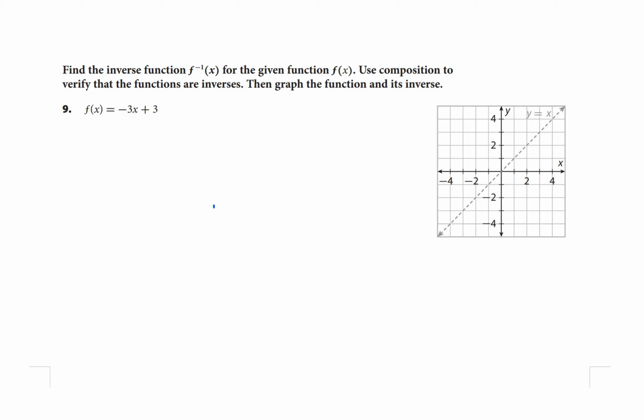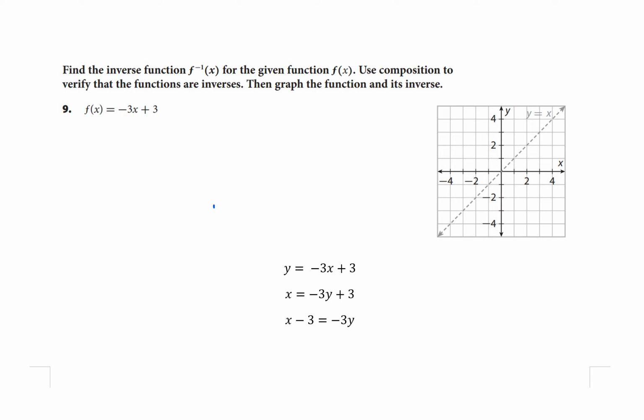In order to find the inverse function, step 1, y equals negative 3x plus 3. Step 2, switch x and y: x equals negative 3y plus 3. Step 3, solve for y. So I'm going to subtract 3 from both sides. That will give me x minus 3 equals negative 3y.